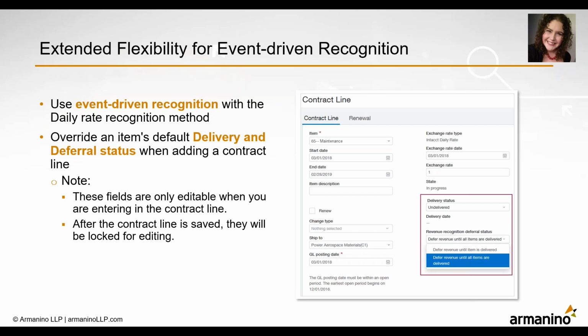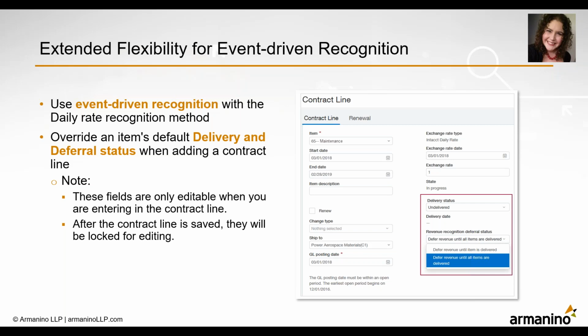The important callout here is these are only editable when you're entering the contract line. Once you've saved that contract line, they're locked for editing. So if you forgot to do it, you're going to want to delete that line and then add it again. But it is going to be helpful for those of you that want to have a different deferral, either until everything's delivered or until just that one line item.